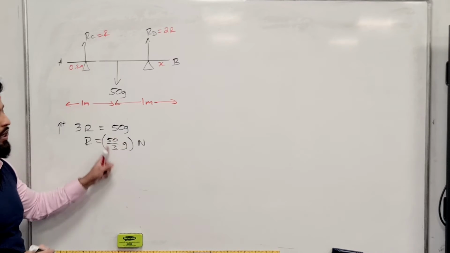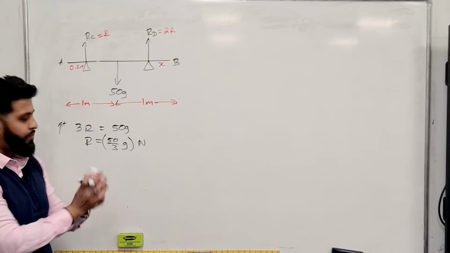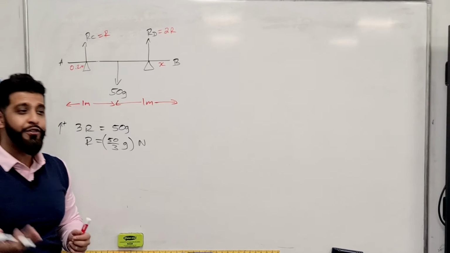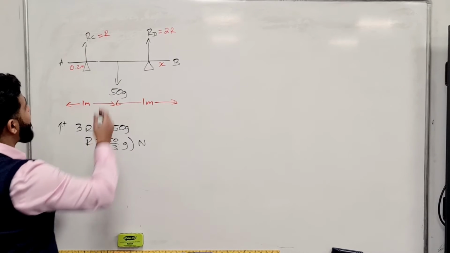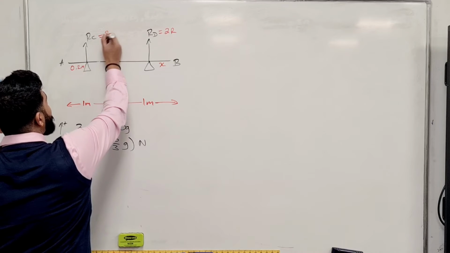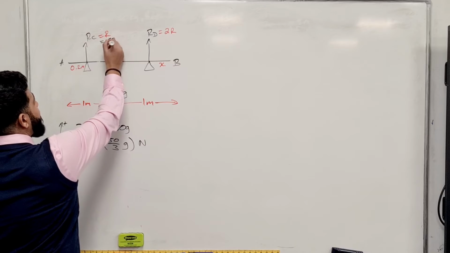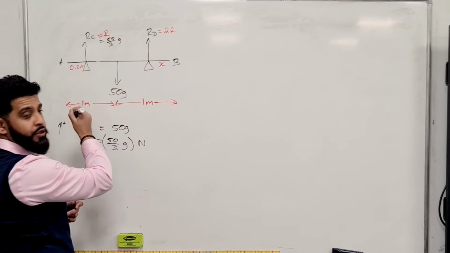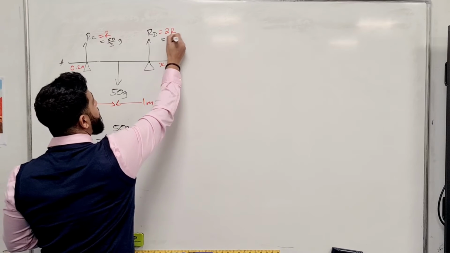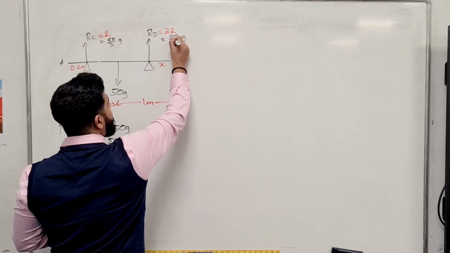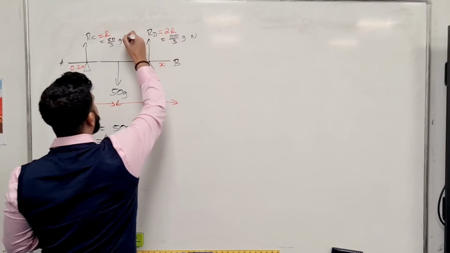We can calculate a total value, but it helps to have g, because we can cancel g's out. So that's R. Going back in here, this is 50 over 3g newtons, and this would therefore be 100 over 3g newtons.